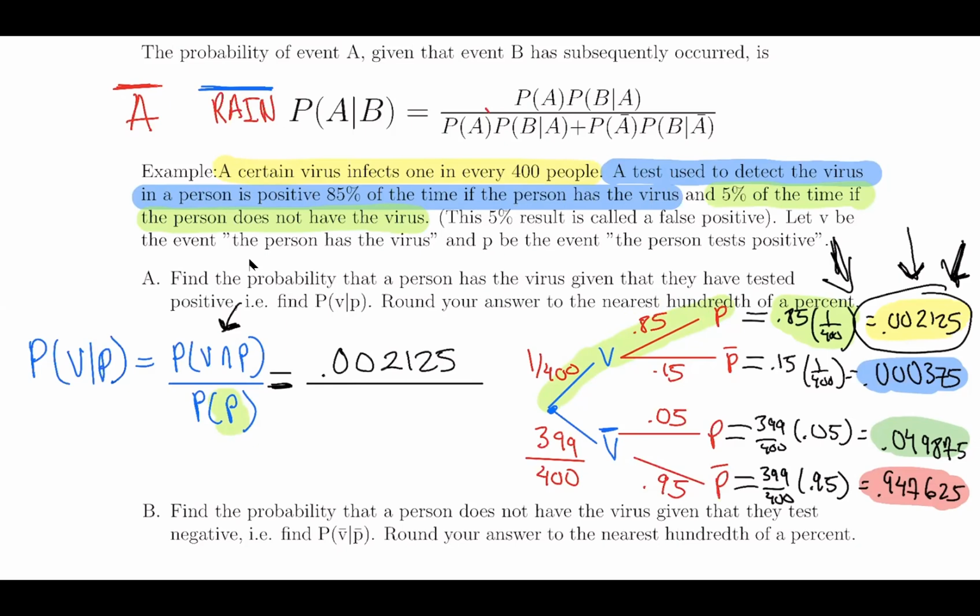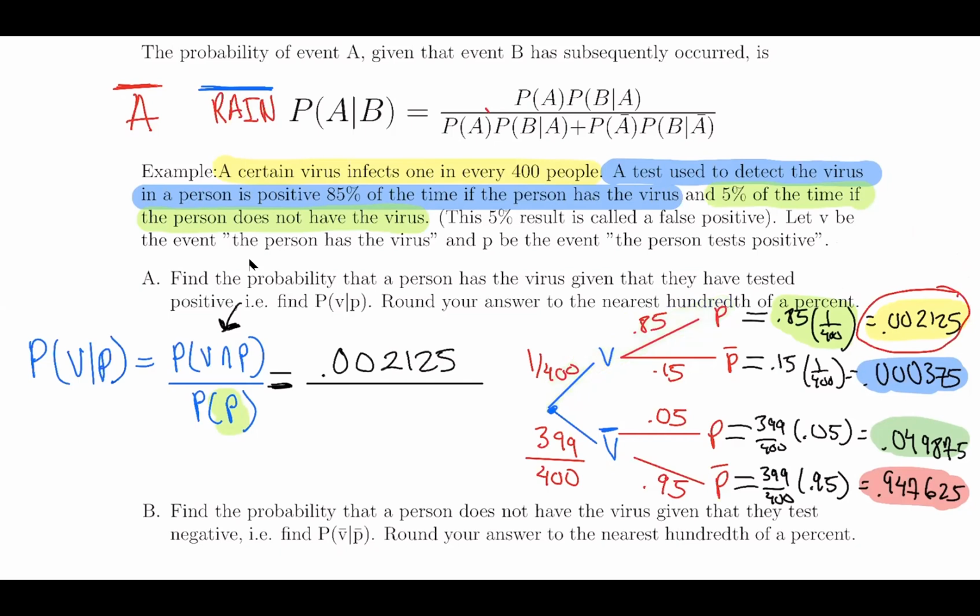So yes or no? Cool. Since it does give me a positive test result, we're going to use this probability. But that's not the only one that will give us a positive test result. So let's continue looking for more positive test results.